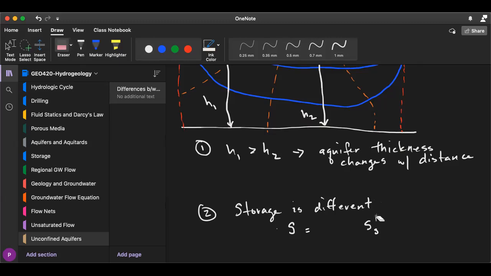Ss times H is the compaction of porous media and expansion of water.